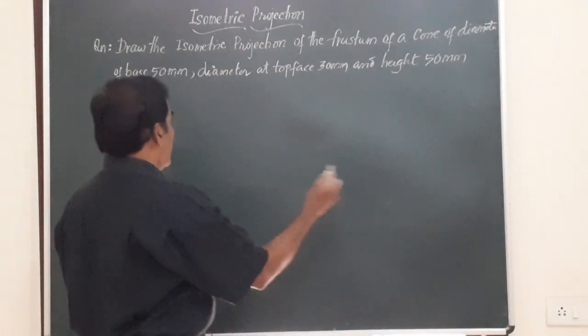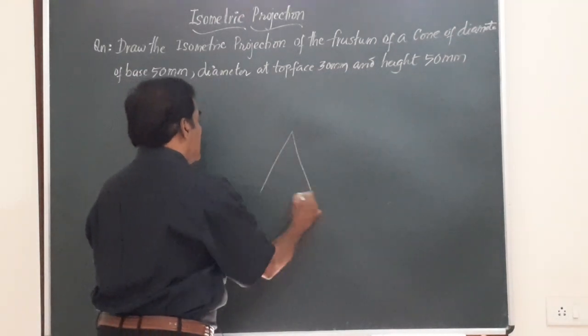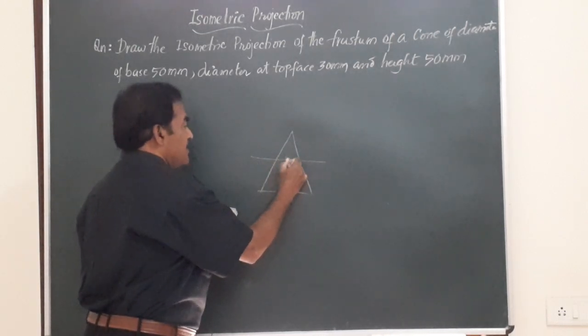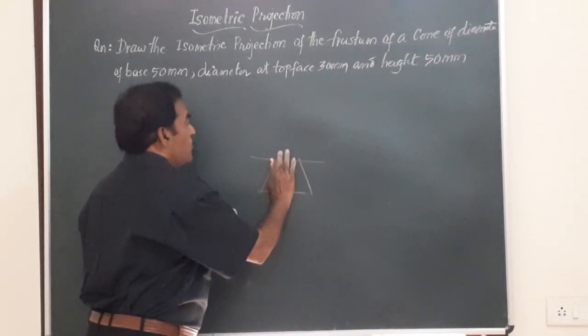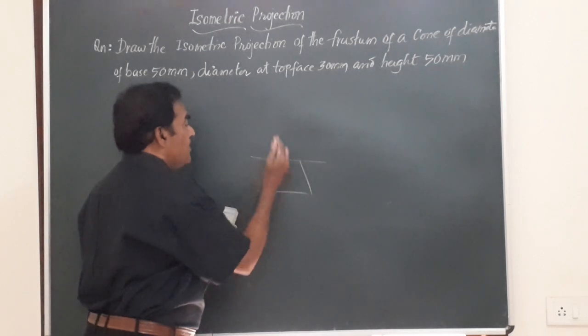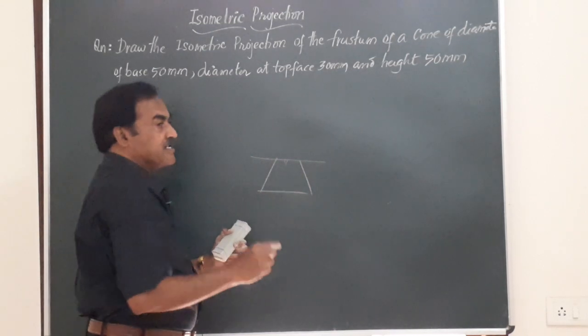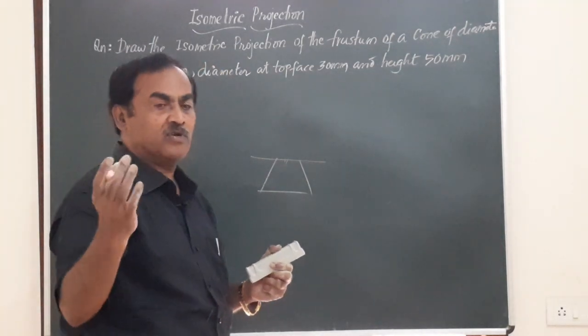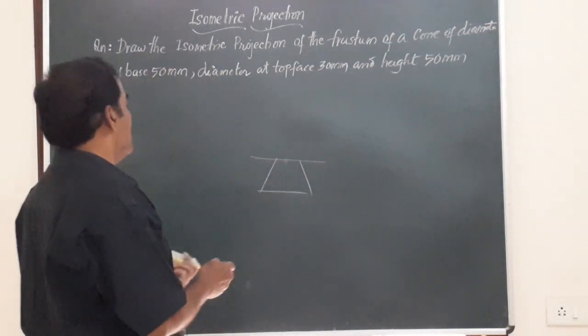That is, here we have this cone like this and it is cut by a section plane parallel to the base. This is parallel to this, and I throw away this piece at the top, and the remaining portion is called the frustum of the cone. So, we have the frustum of a cone and the frustum of pyramids also.